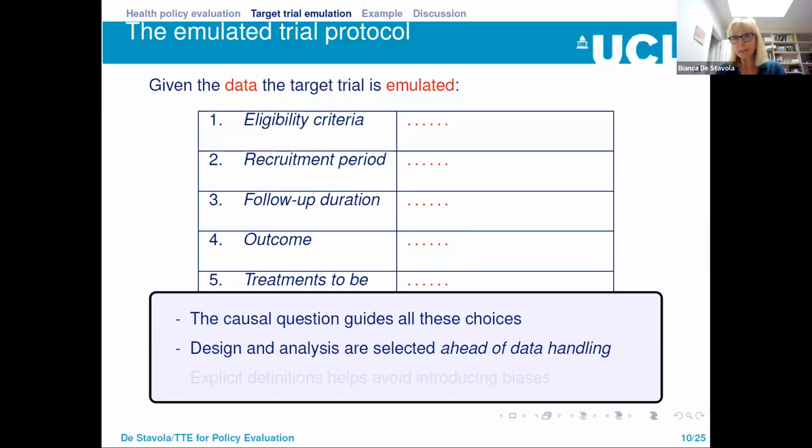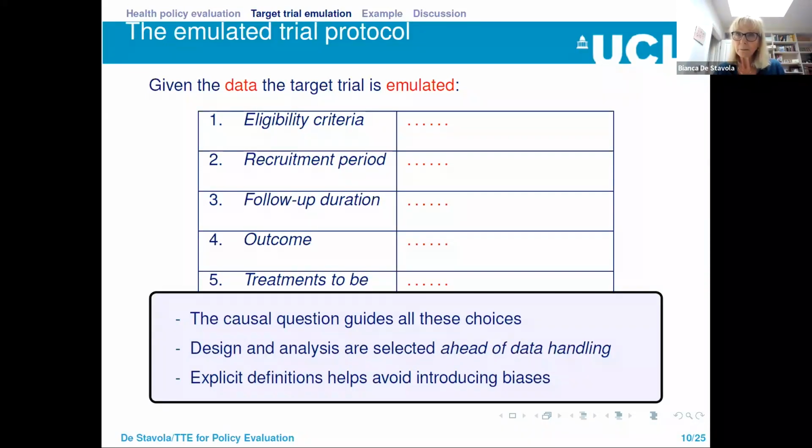And that will avoid many biases and will make sure that you don't start comparing levels of exposure which are not those corresponding to the original question you had. And finally, because everything is written down and explicit, you can cross-check with colleagues, with other collaborators, whether you're introducing any biases, for example, by misclassifying exposure level, or by backdating what the data are telling you to the beginning of follow-up.